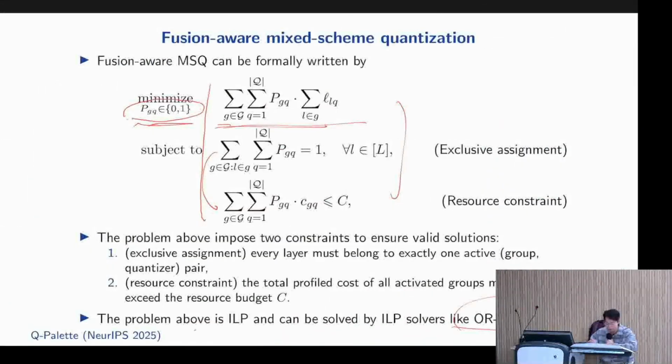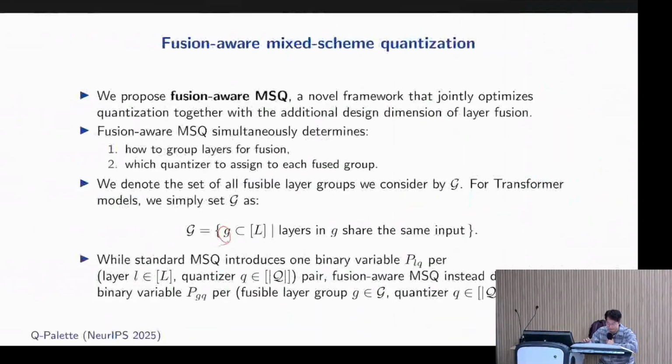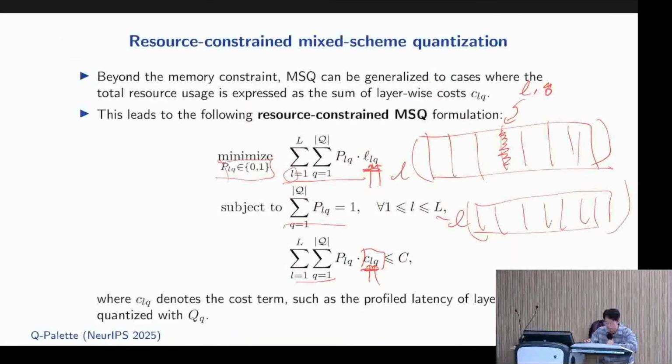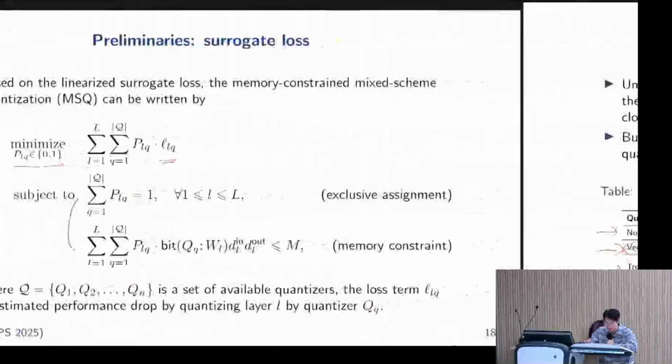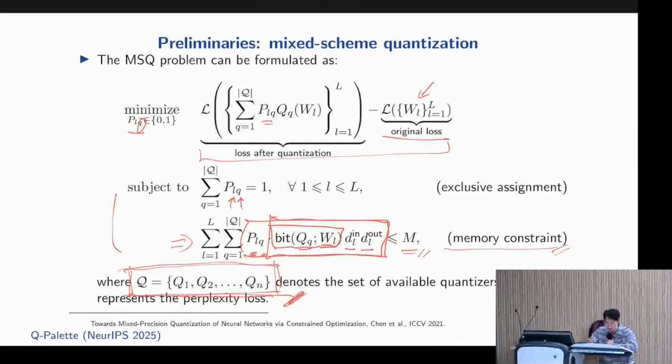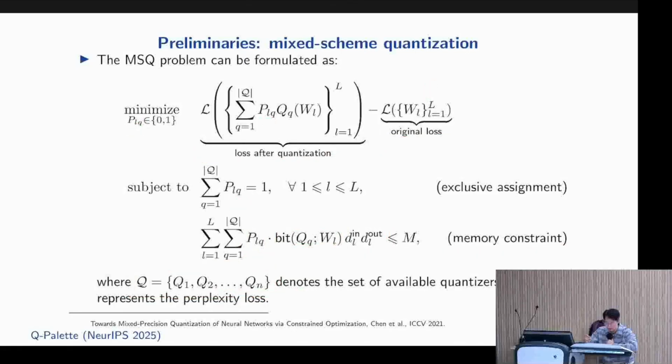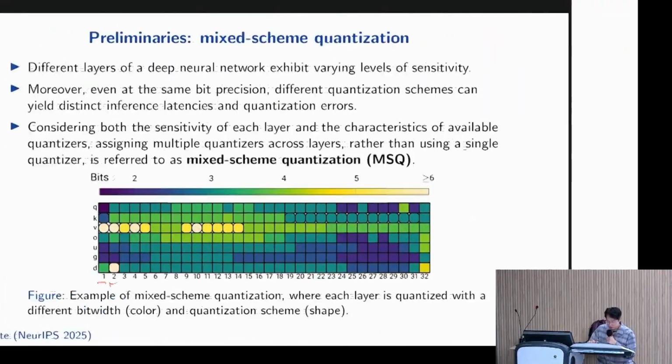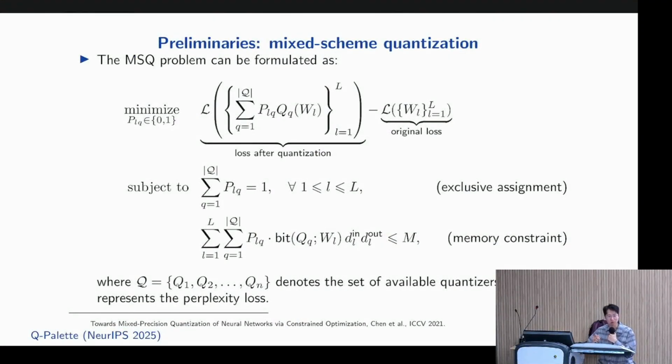So how do you do this? Okay, so we want to formulate an optimization problem. P_LQ is a Boolean variable. This term is the loss after quantization, and this is the original loss.